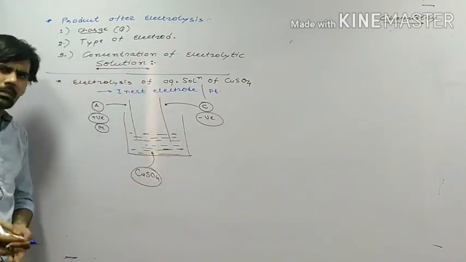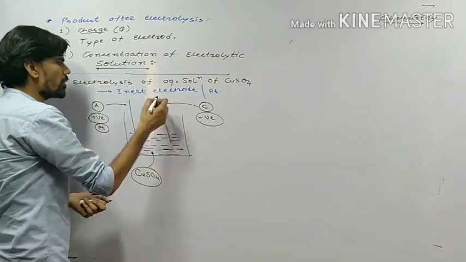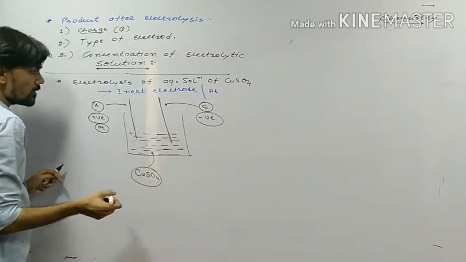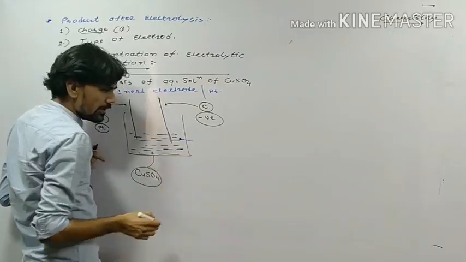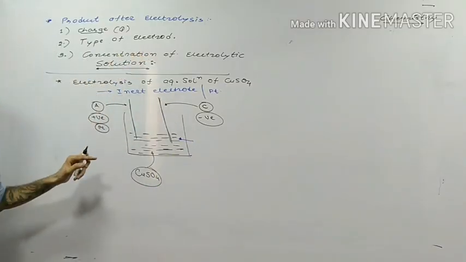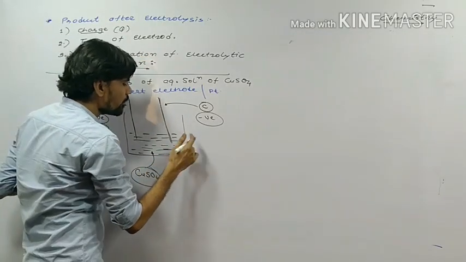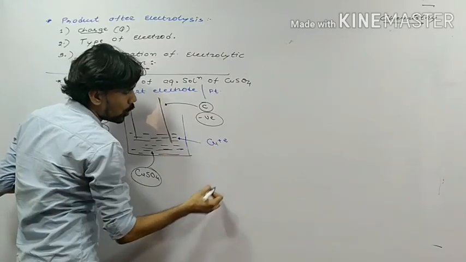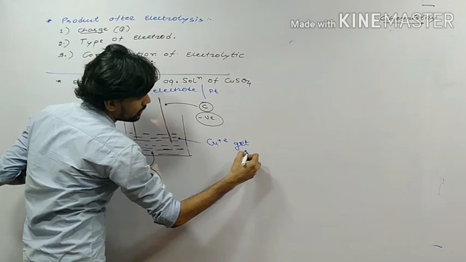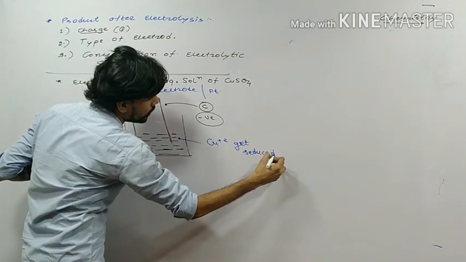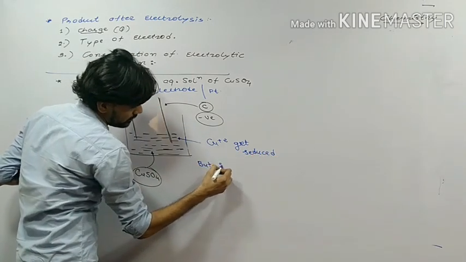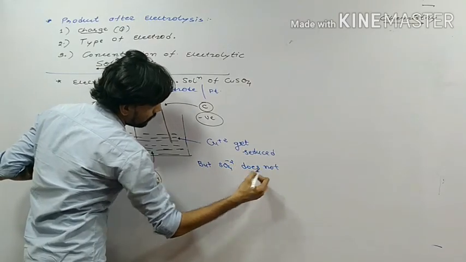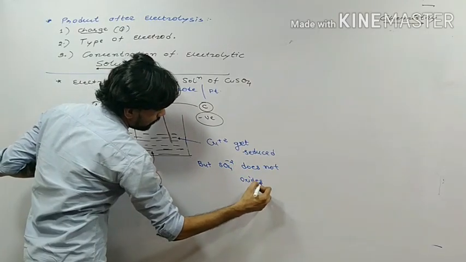We can use platinum or any spoon, any metal, whatever you want. Because of the difference in EMF series, in the value of EMF, in this process Cu2+ gets reduced, but SO4 2- does not oxidize.